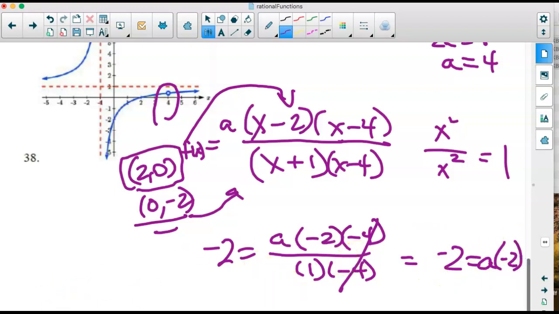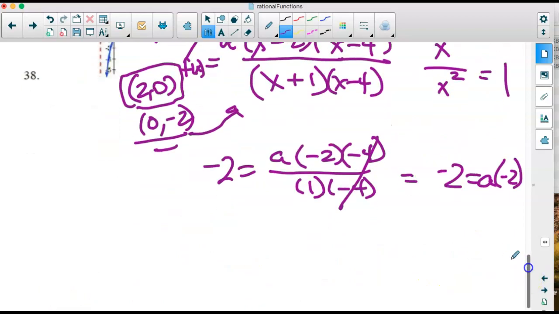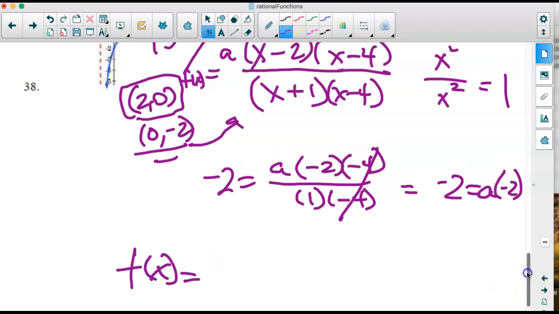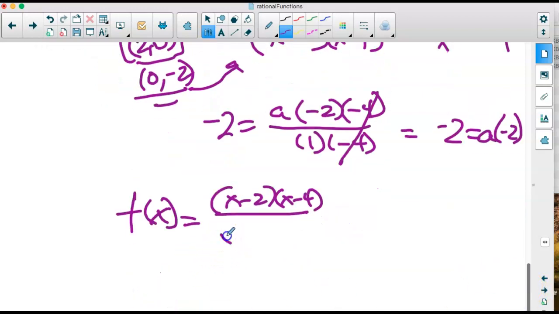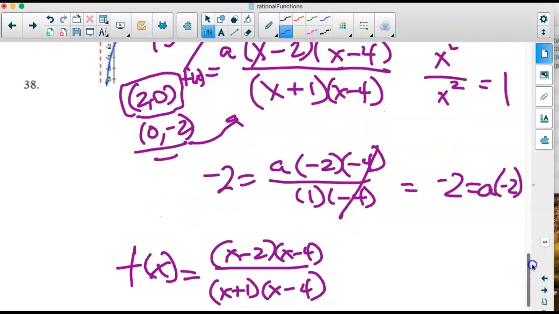So our final function for this thing is going to be f of x equals x minus 2, x minus 4, over x plus 1 and x minus 4. All right, and that's the final example.